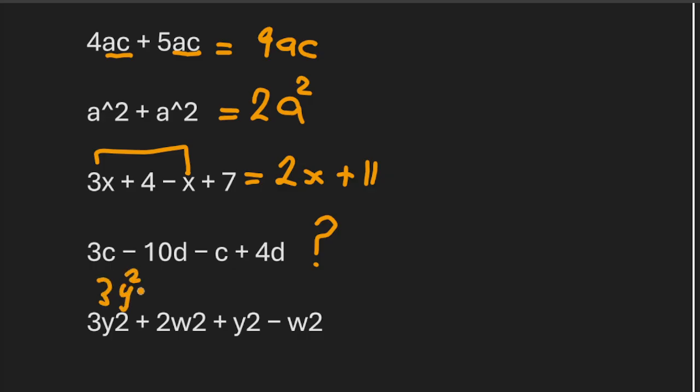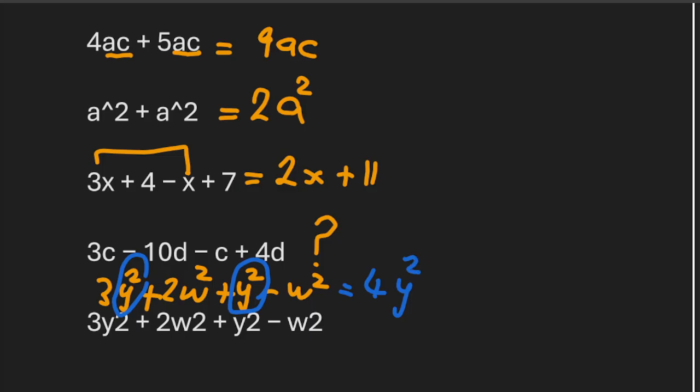3y squared plus 2w squared plus y squared minus w squared. Don't get scared of the question, it's easy. Now y squared looks like y squared, so let's look at this and that. So it's just 3 bananas plus a banana, so it's 4 bananas, so it's 4y squared.